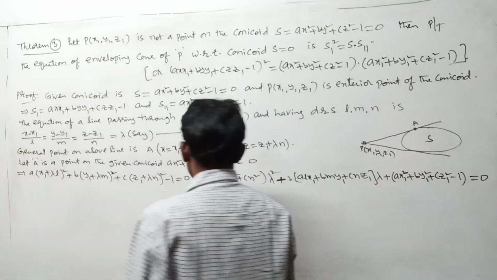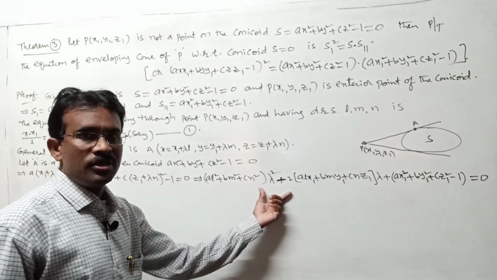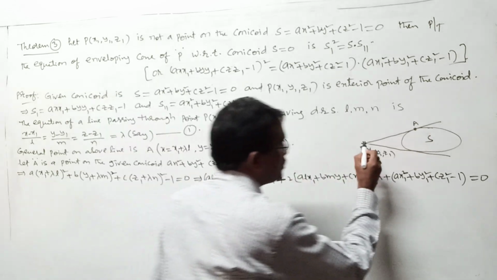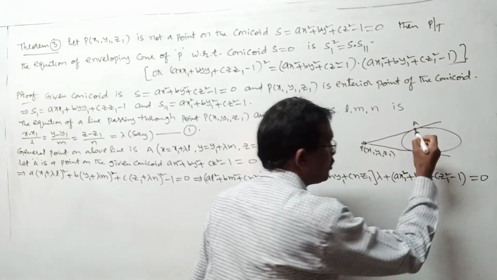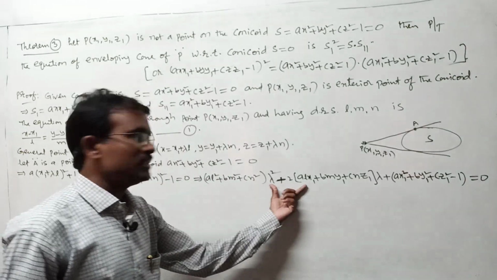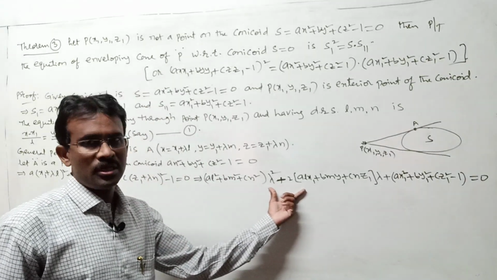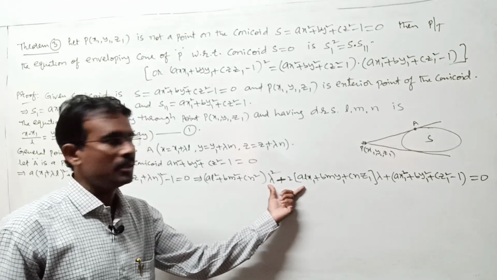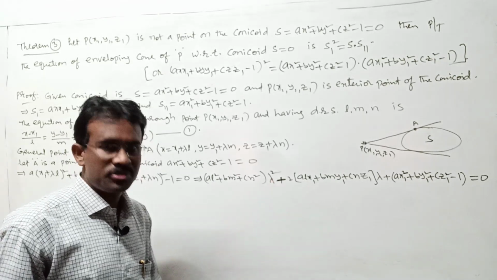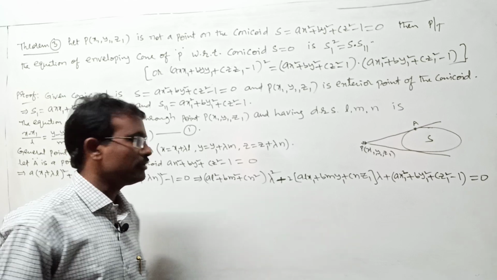This is a quadratic equation in terms of lambda. But this line is tangent to this conicoid. Whenever it is a tangent line, the roots of this equation are equal. Lambda values must be equal, hence its discriminant becomes 0. That is what I want to see.